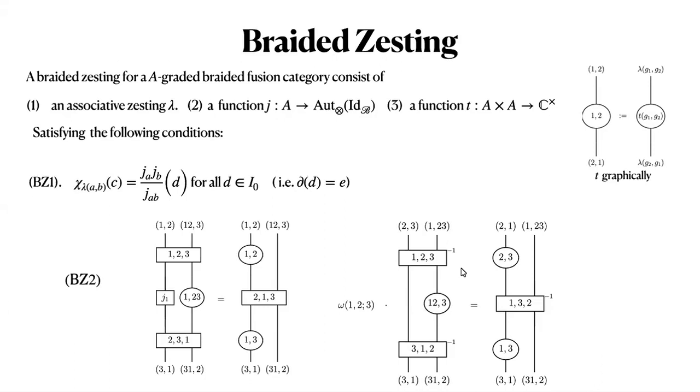I think there's a possibility you can reformulate this whole idea of a braided zesting as gauging. Instead of a 2-group symmetry, you are gauging a 3-group symmetry. And I think in the case of gauging, the G has to be trivial actually. I think your G function is always the trivial function, and it's not always possible to make that happen.